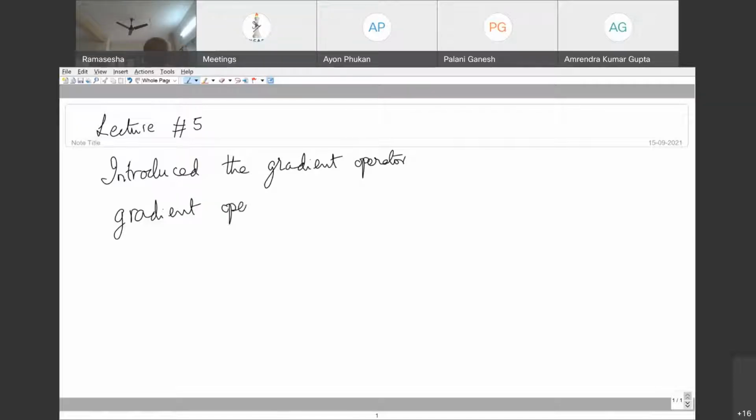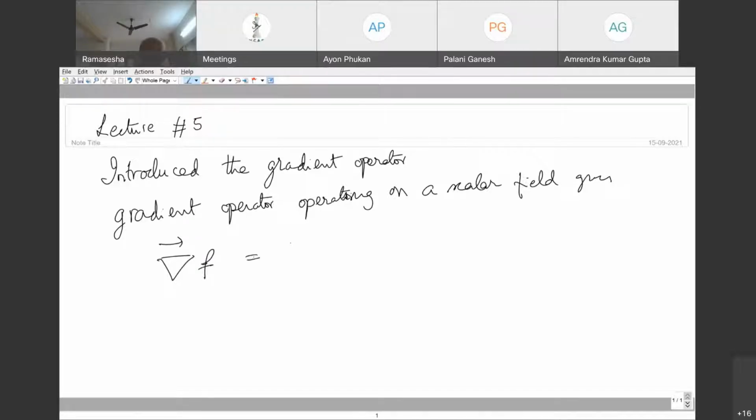The gradient operator operating on a scalar field gives: grad operating upon a scalar field f gives me del f by del x times I1 plus del f by del y times I2 plus del f by del z times I3.